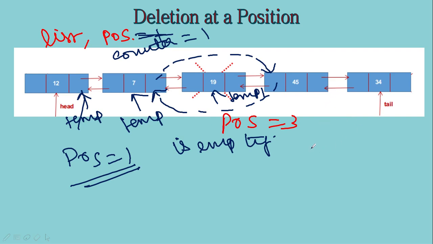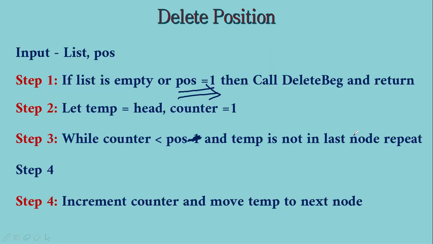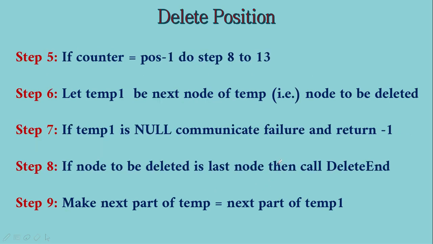Say there are only 5 nodes and I try to delete the node at position 6. In that case, when we are moving, we will come to the last node, so you have to stop the loop. Otherwise we increment the counter and move temp to the next node.